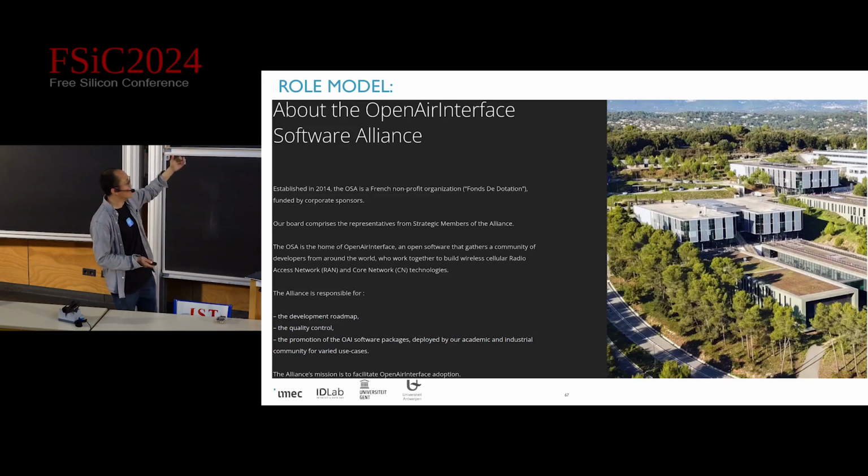It's a non-profit sponsored by corporations, and they make a common roadmap, ensure implementation quality, and their main mission is to increase the adoption of their design. I think we also need such an organization or entity. We are considering trying to set this up. Of course, we definitely need much support from partners and the community.